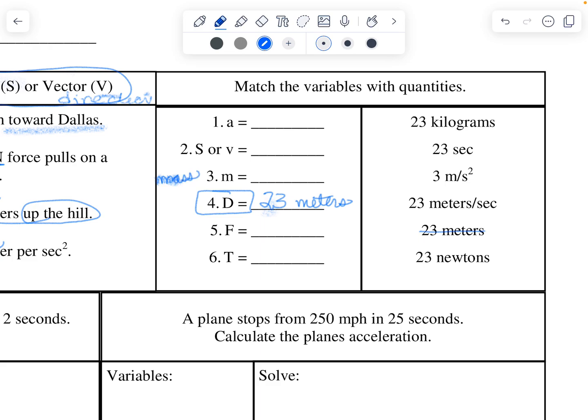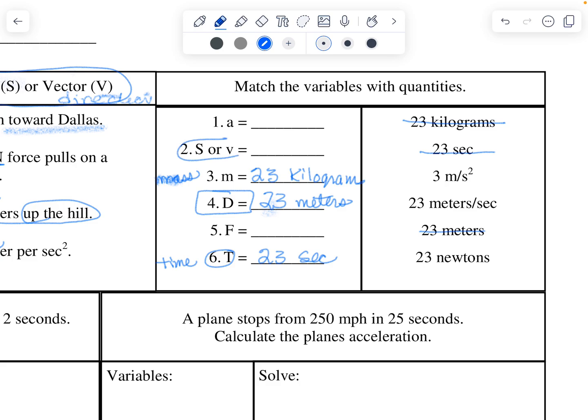And my mass on this one will be 23 kilograms. Next, let's do T, which will stand for time. FYI, I usually use a lowercase for this one. 23 seconds.